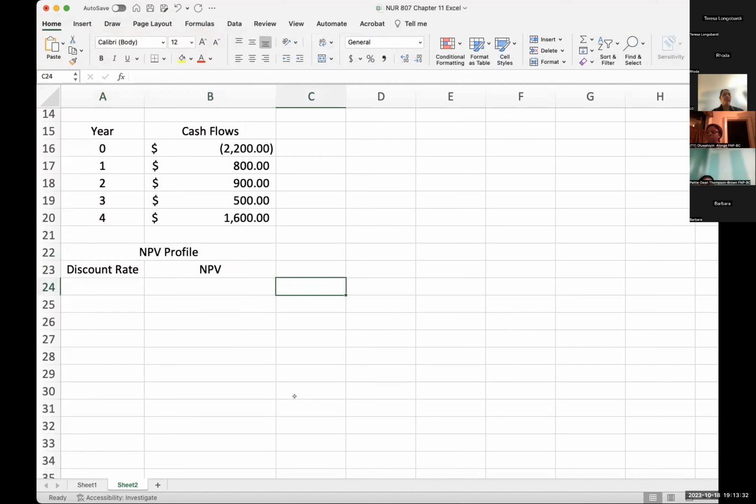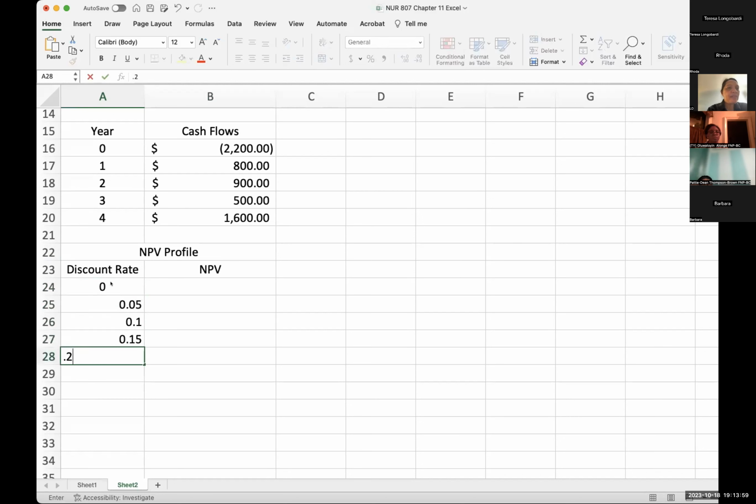Okay. So I'm putting numbers in here, and the numbers that were used in the notes were just going by 5. So 0, 5, 10, sorry, let's do decimals, right? So 0, 0.05, 0.1, 0.15, 0.2, 0.25.